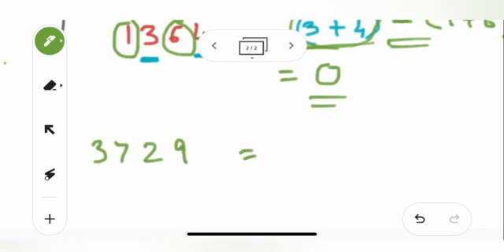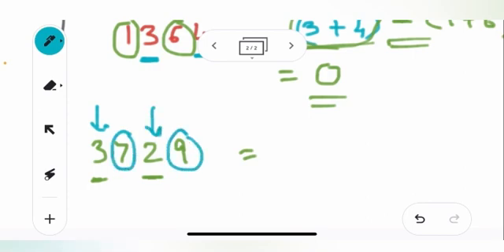3729. Now this 3 and this 2 are in odd places, and the others are in even places. So we will add the even ones, 7 plus 9, and the odd ones, 3 plus 2.